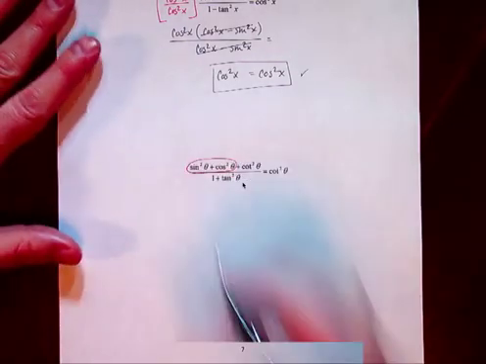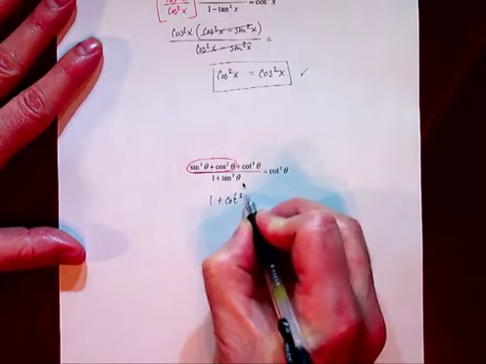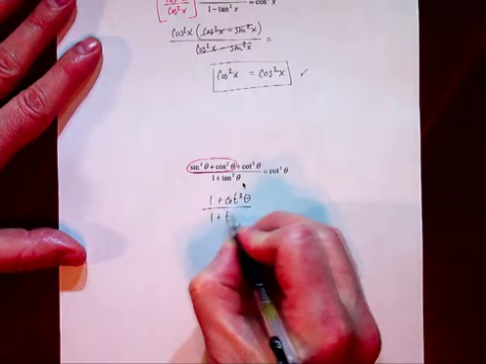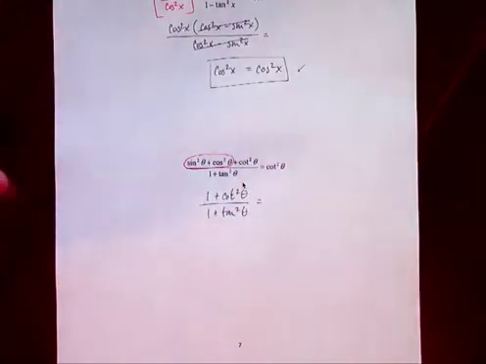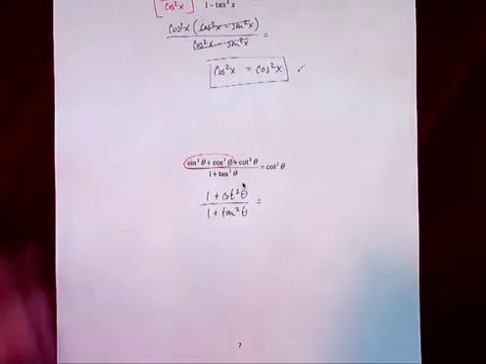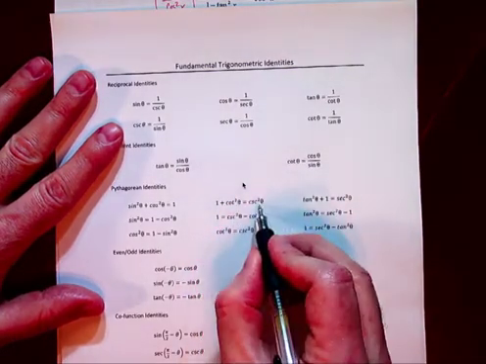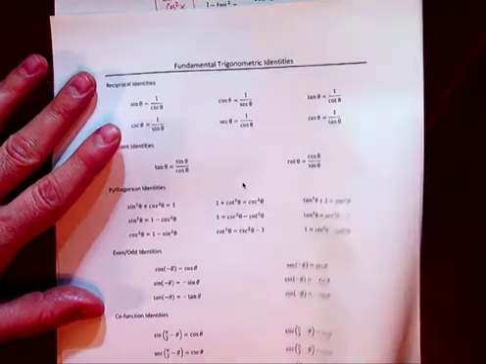Well, let's go ahead and see whether that actually helps us out. And I get 1 plus cotangent squared, and I get 1 plus tangent squared. Well, it just so happens that both of those are really, really helpful, right? Because 1 plus cotangent squared is cosecant squared, and 1 plus tangent squared is secant squared.